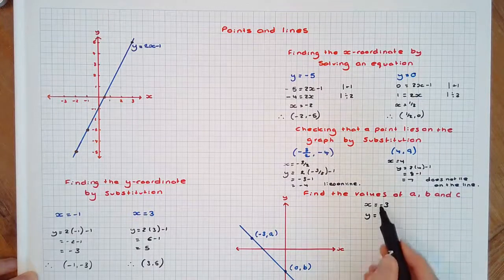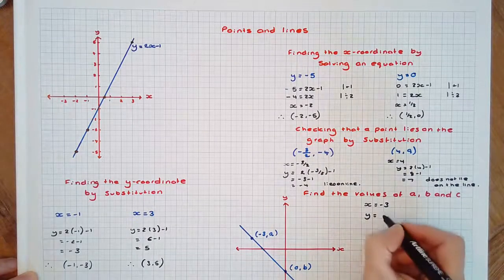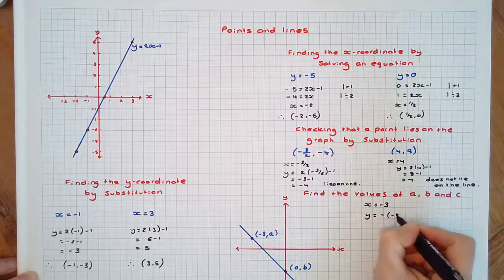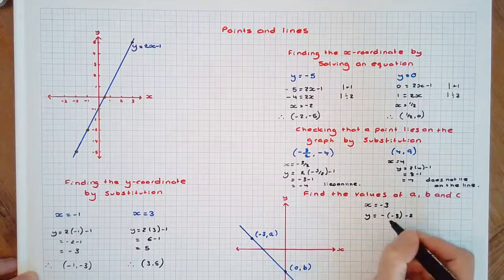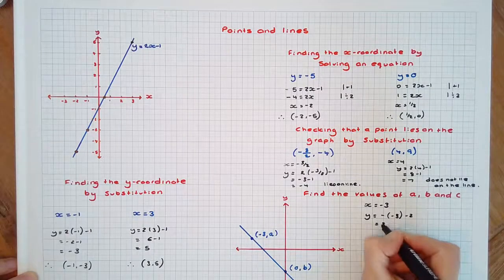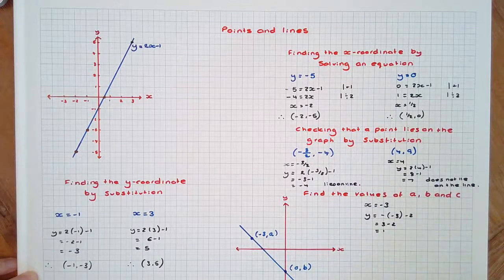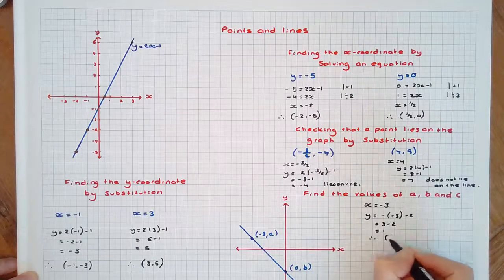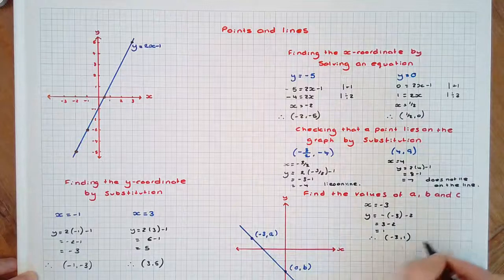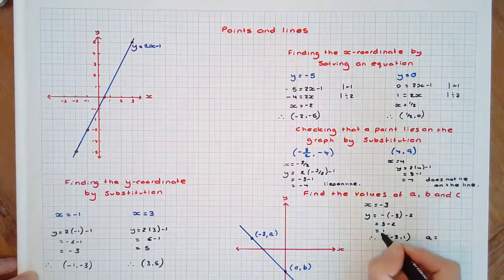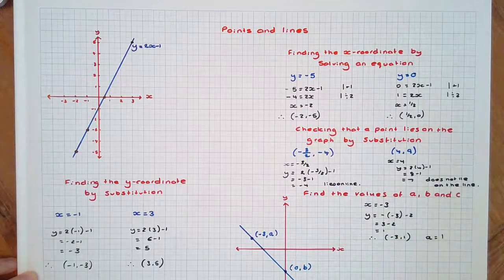So substituting in negative 3 into this equation, we have negative of negative 3, that is positive 3, minus 2, which equals 1. Therefore, there's a point at (negative 3, 1). Therefore, a must equal 1.